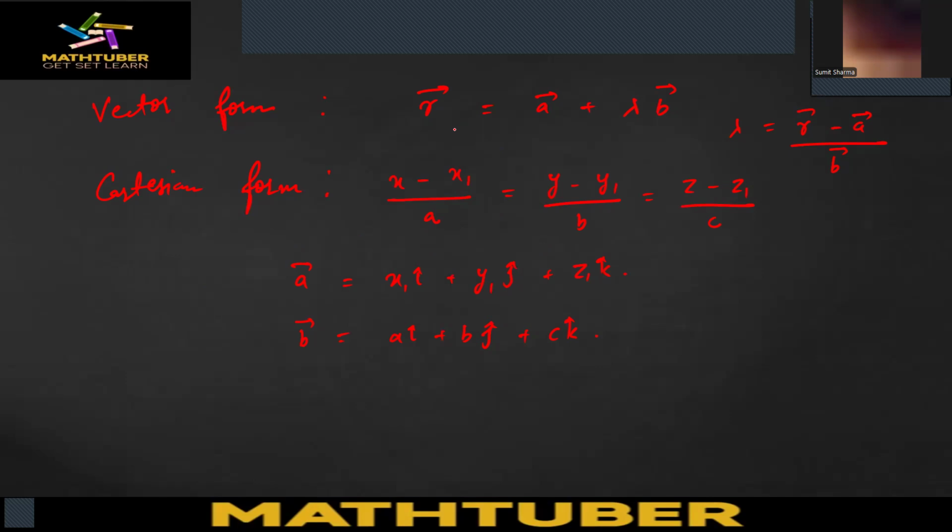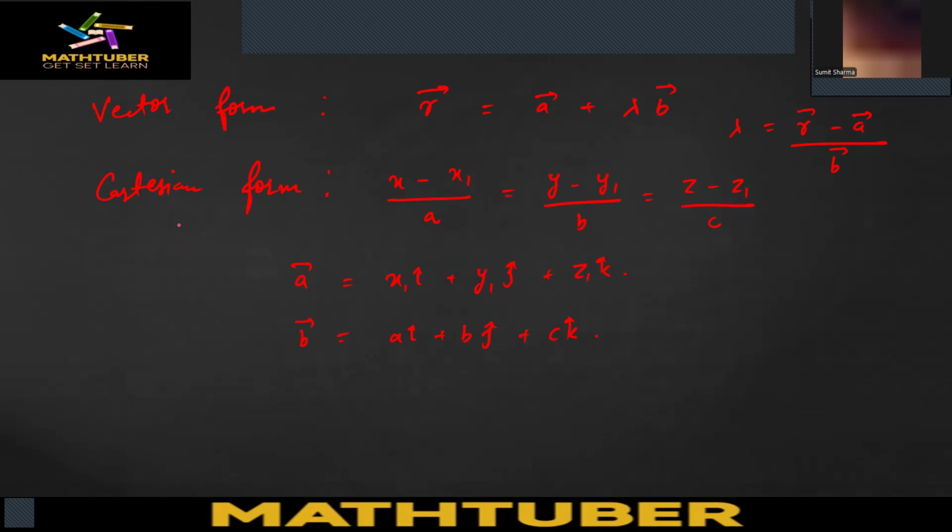So now, as I told you earlier in the previous chapter, vector algebra, the direction cosines can be used in place of direction ratios, but the direction ratios cannot be used in place of direction cosines.